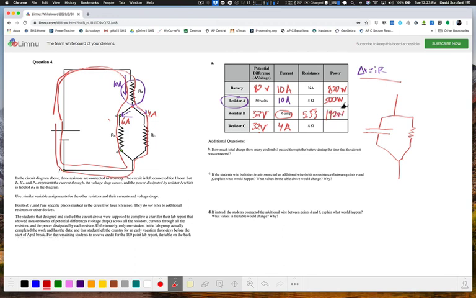And resistor C is 4 times 32, 128 watts.